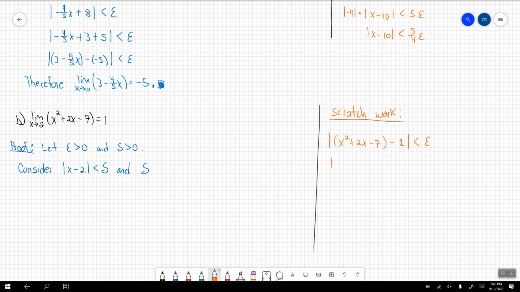Well, if we take this, then we get x squared plus 2x minus 8 is less than some epsilon.